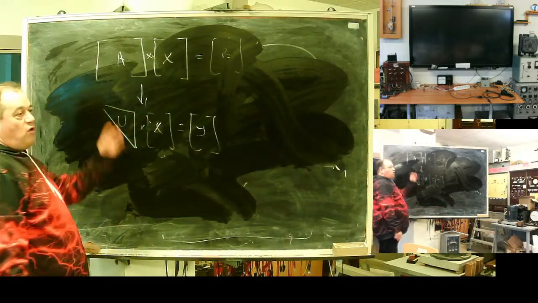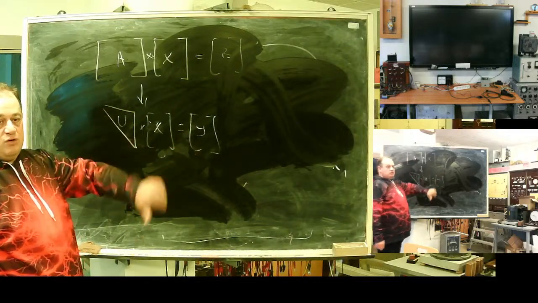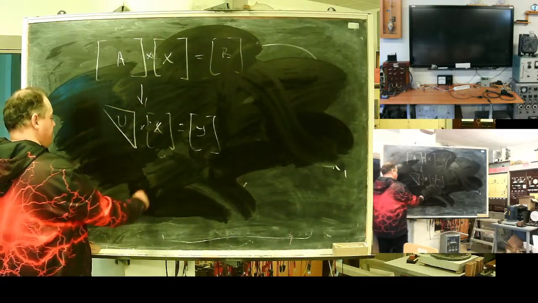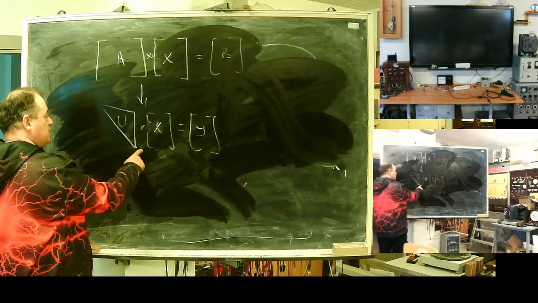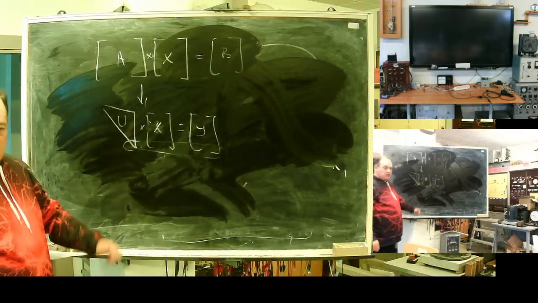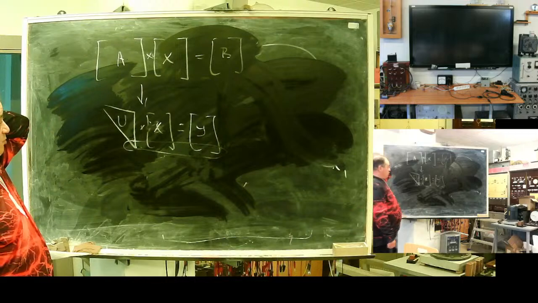It's the so-called forward stage. And then you will perform a backward stage, return stage. The last row will give you the last unknown, and going up you will get them all.